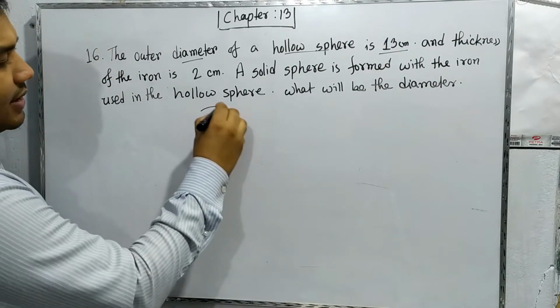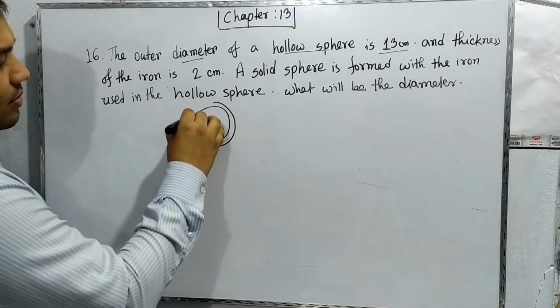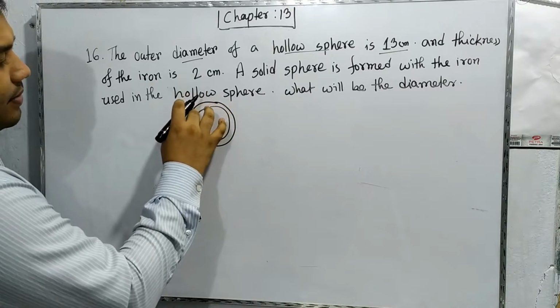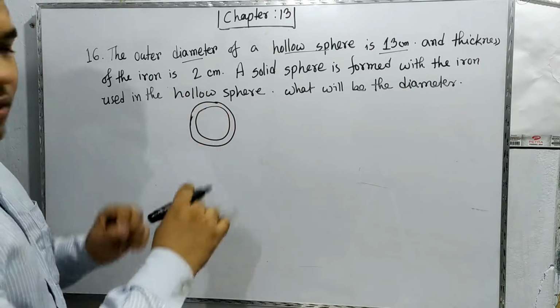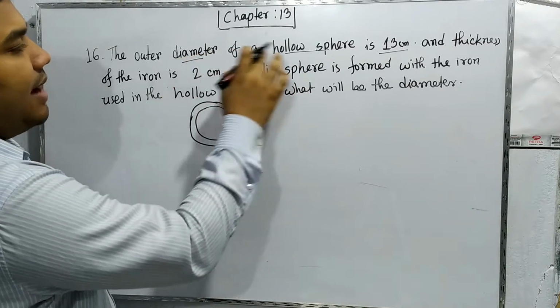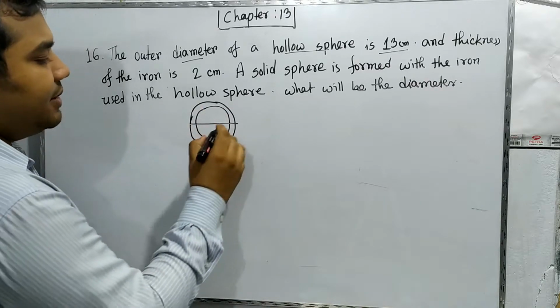So, suppose this is our hollow sphere. In this hollow sphere, the total diameter is given, that is 13 centimeter.